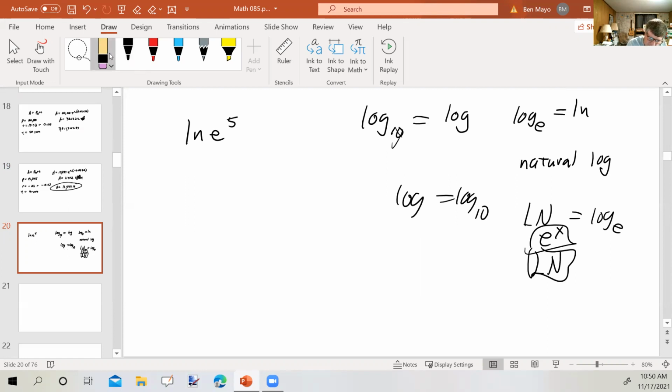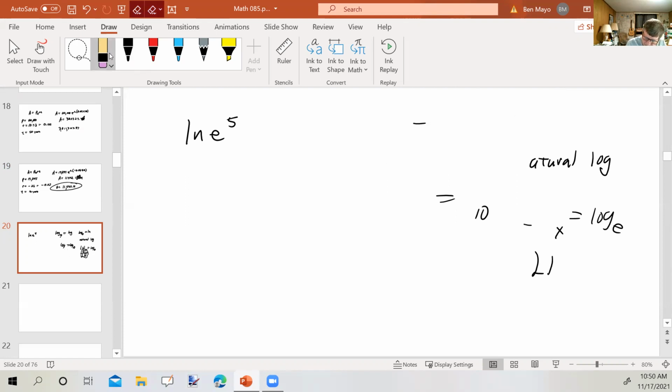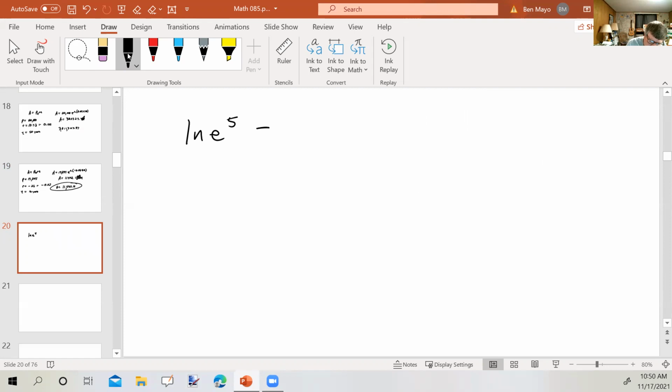All right, so now back to the problem at hand. Well, this is equal to something, we'll just call it a box. Recall from what I just said that ln is log base e. So the natural log of e to the fifth is log base e of e to the fifth, which equals some unknown.